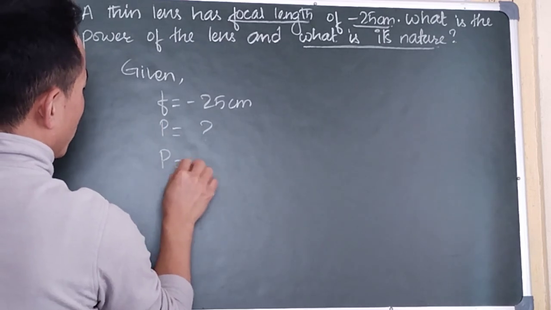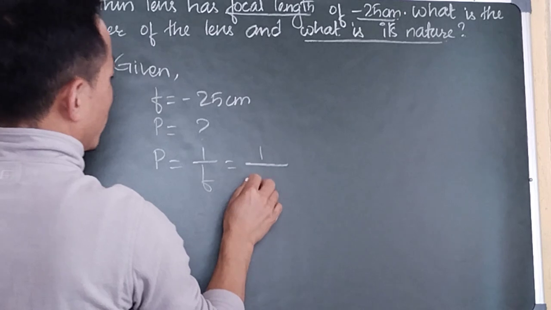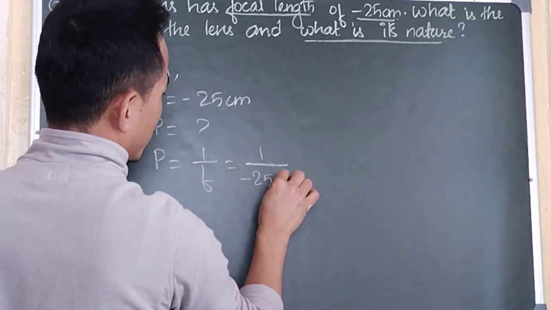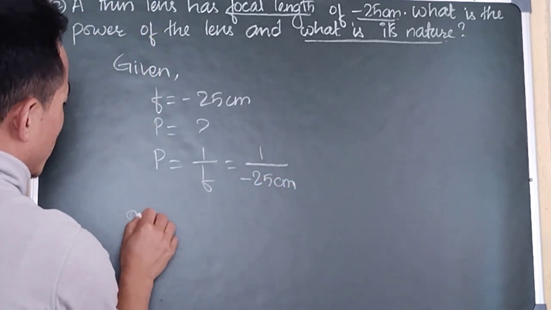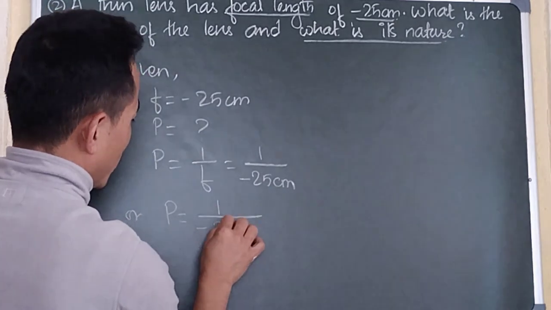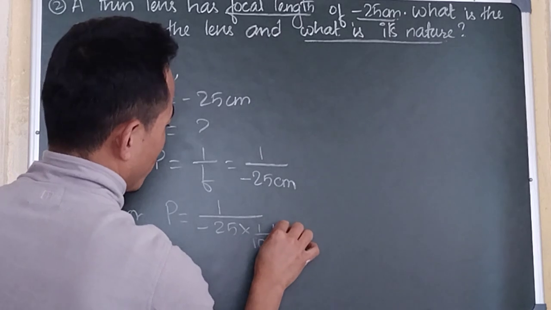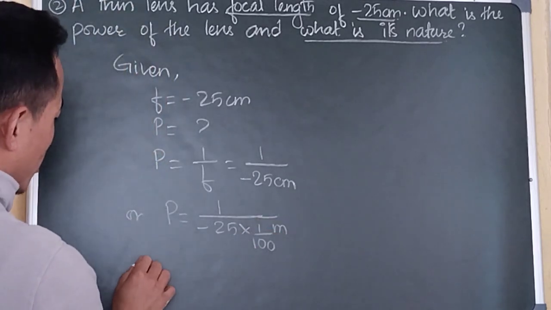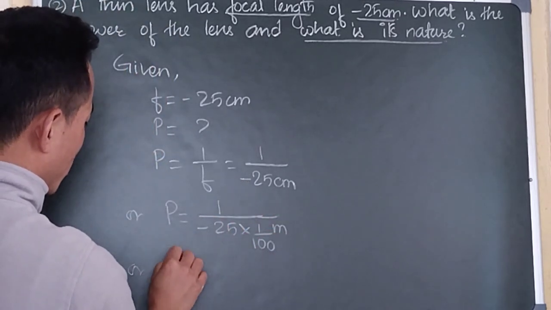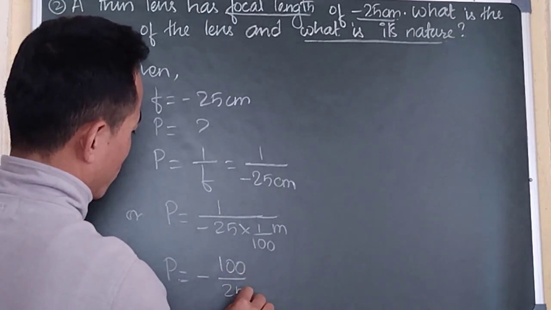Now we know power is 1 divided by focal length. So 1 divided by focal length, which is given as minus 25 centimeter. But centimeter has to be converted into meter. So 1 divided by minus 25, and 1 centimeter is 1 divided by 100 meter. If you take 100 to the numerator, it becomes P is equal to minus 100 divided by 25.